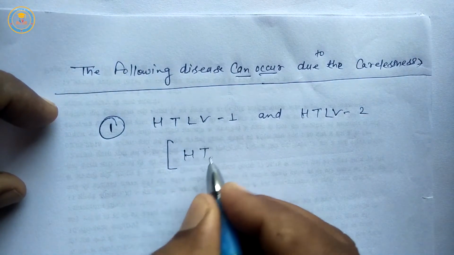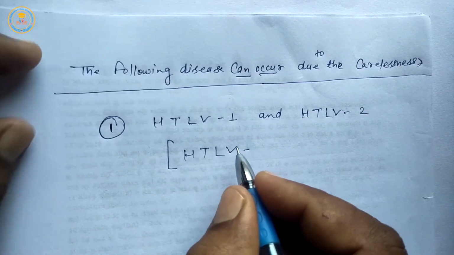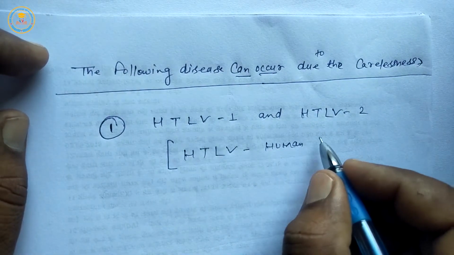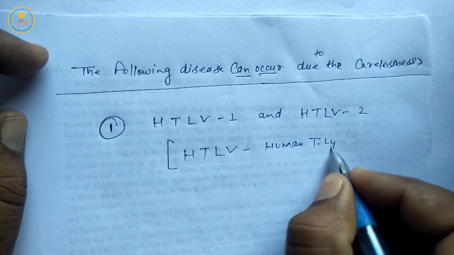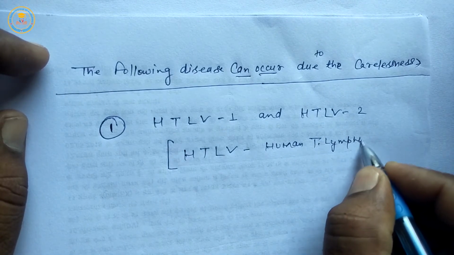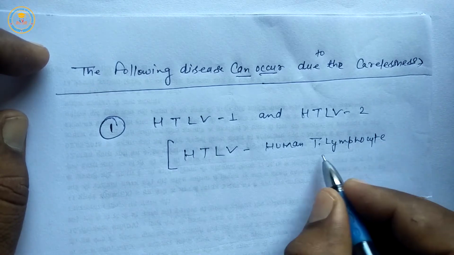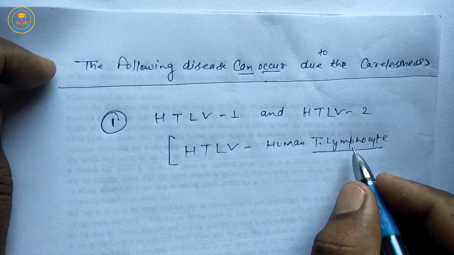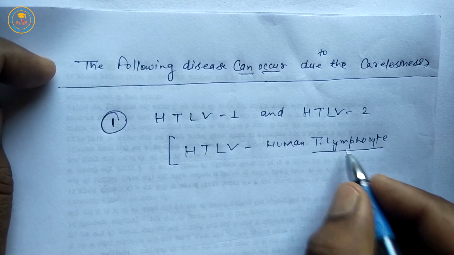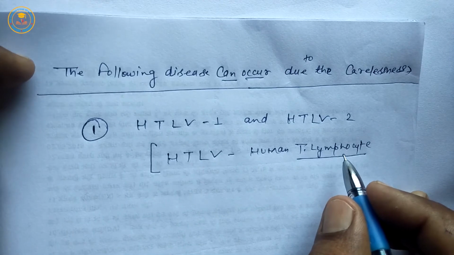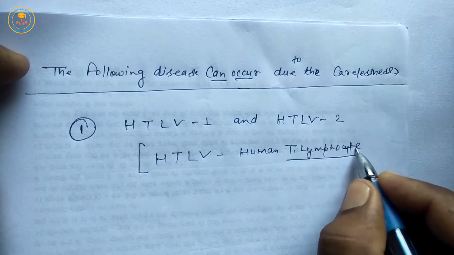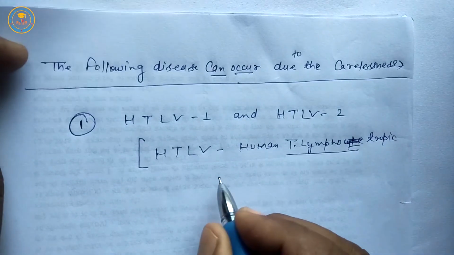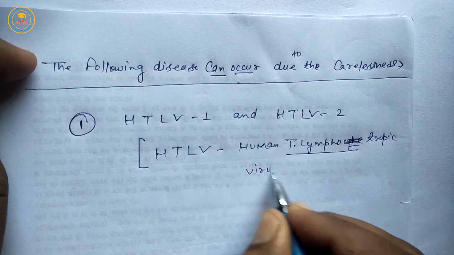Students, full form of HTLV is human, it means Homo sapiens, T lymphocyte, it is a type of lymphocyte. Students, remember lymphocyte is a type of WBC, but T lymphocyte is a type of lymphocyte, lymphotropic virus.